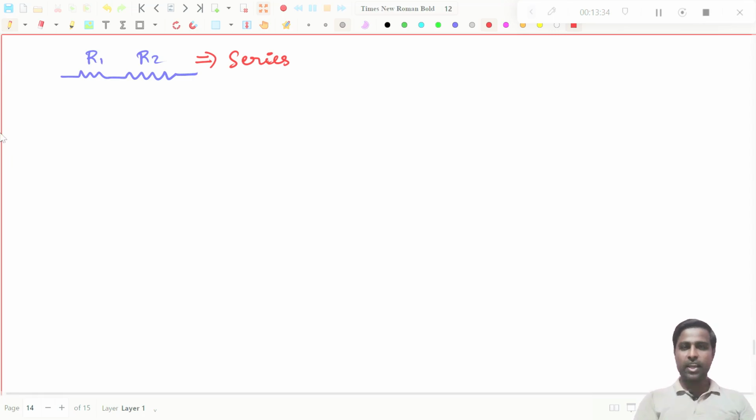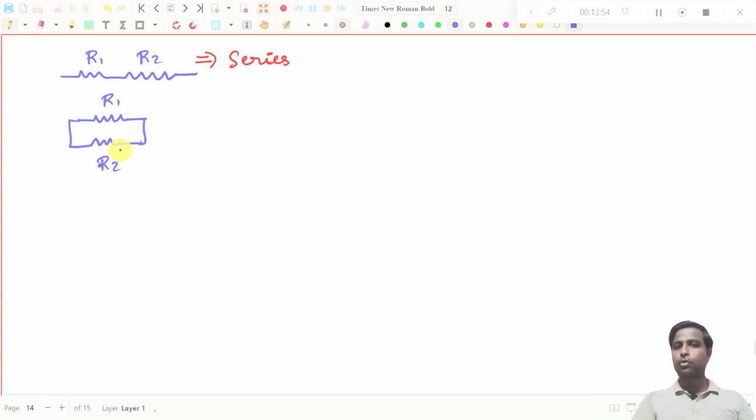Now we take a different circuit, like this. This is R1 and this is R2. This is the first terminal of R1 that is connected to R2, and the second terminal of R1 is also connected to R2.